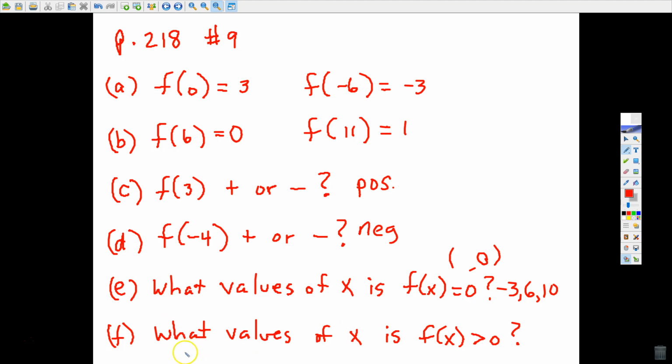We've already answered that in part E. But we'll state it like this: for values of x that are between -3 and 6, and we don't want to include -3 or 6. And then going on down and including the rest of this, the second part of our answer, we also have values of x that are between 10 and 11.